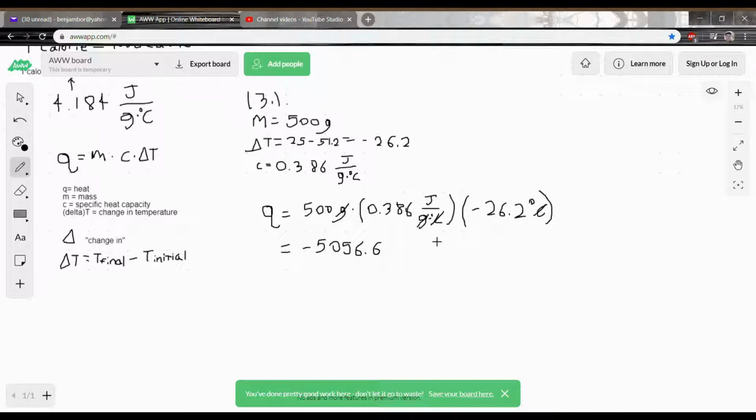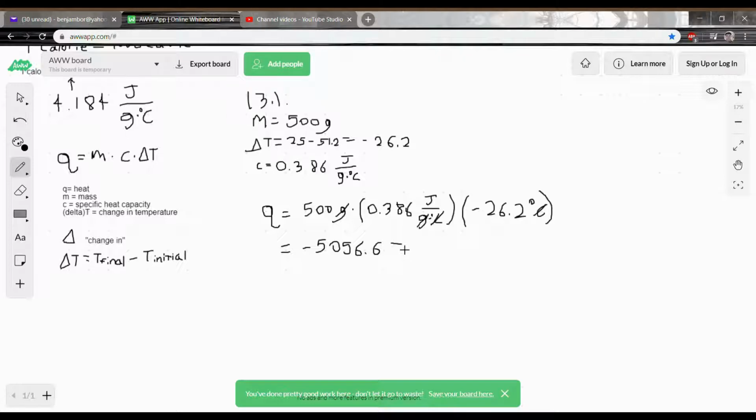Now, the heat transfer has occurred between the block of copper and the atmosphere, the air around the copper, right? We know that the copper block cooled down. It went from a high temperature to a low temperature.